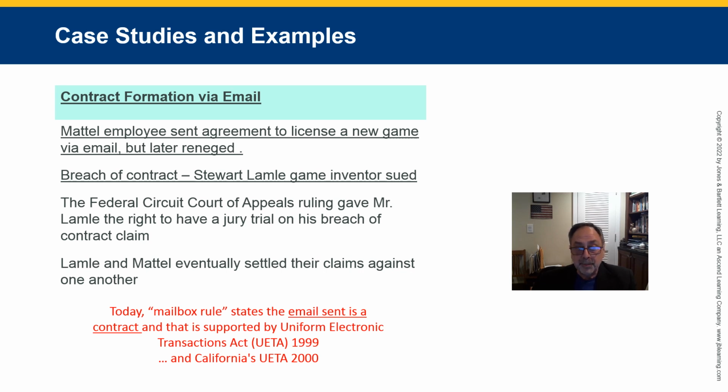The Mattel employee sent the agreement to license a new game via email, but it was later reneged. I suppose there was a reply back. I don't know the details of this case, but it sounds like Mattel said, yes, we were in receipt of your contract, and they seem to imply some agreement. And that mailbox rule, whether it's email or mail, constitutes a legal contract.